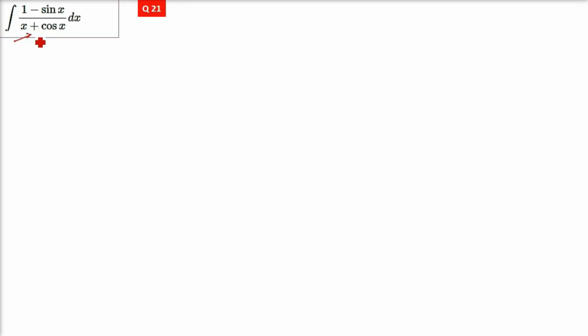Now if you watch this x plus cos x denominator very closely, you will find that the differentiation of the denominator is exactly the numerator. So t is equal to x plus cos x. If we put this, dt by dx is going to be 1, and cos x will be minus sin x, so 1 minus sin x.